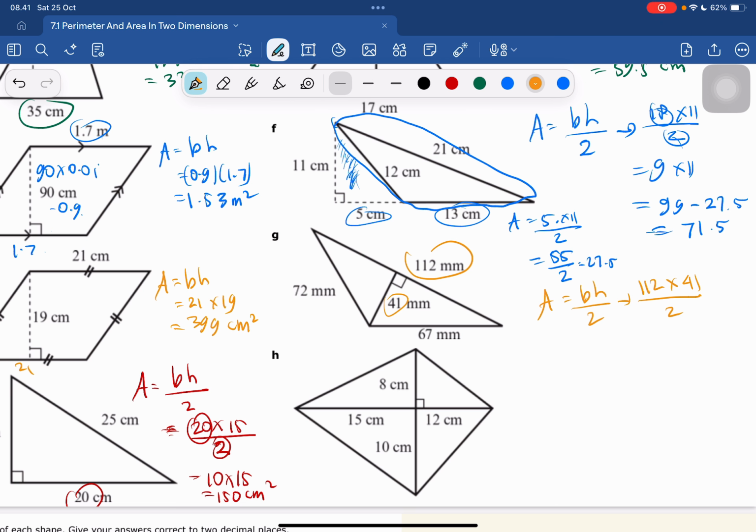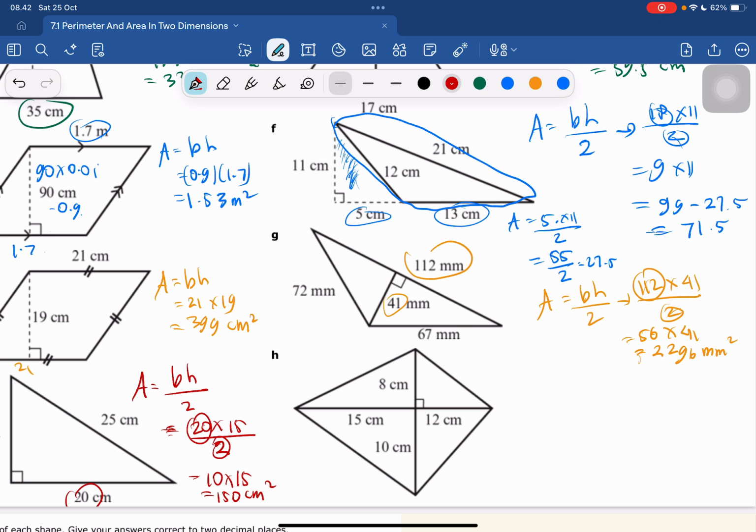So 112 we divide by 2, you're gonna be 56 times 41. So this will equal to 2296 millimeter square.